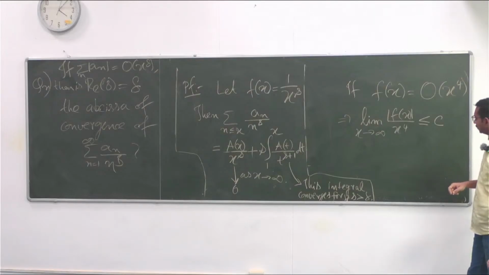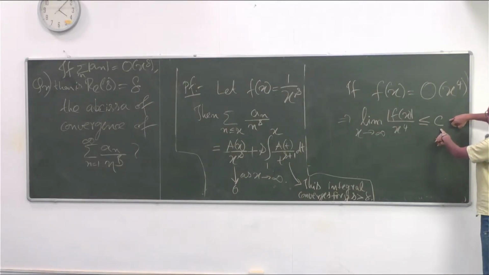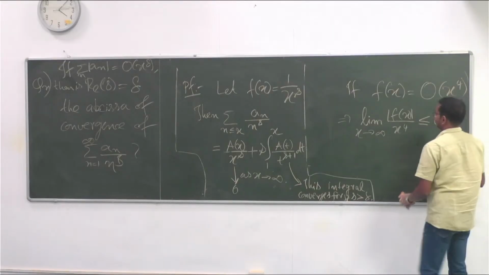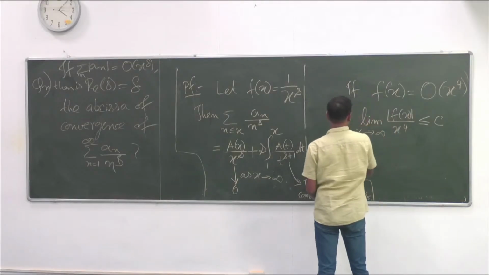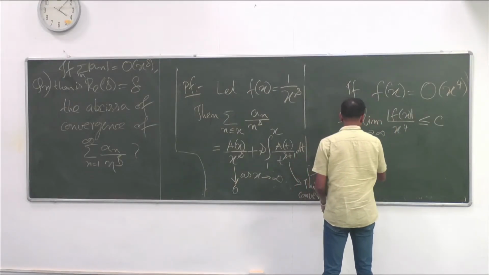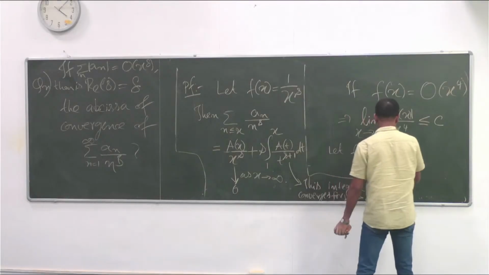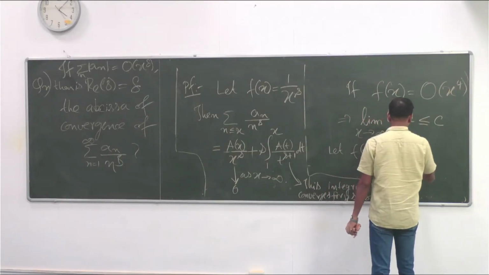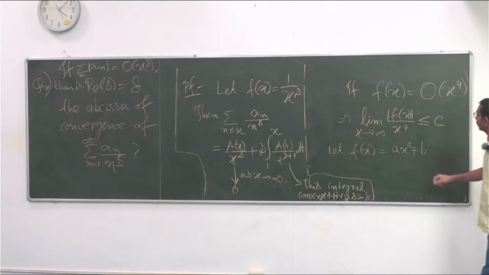But this doesn't stop it from being of some lower order. For example, let f(x) be equal to ax squared plus b for some a and b. Note that if you take this limit, then the limit is 0.